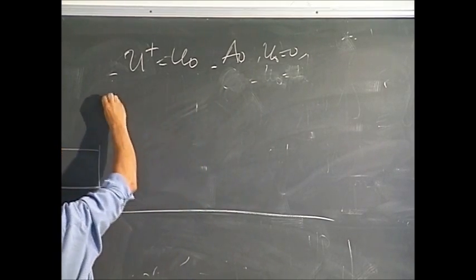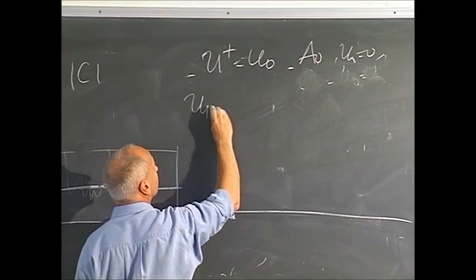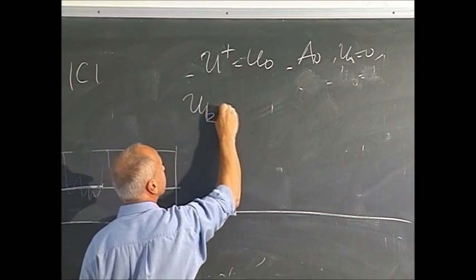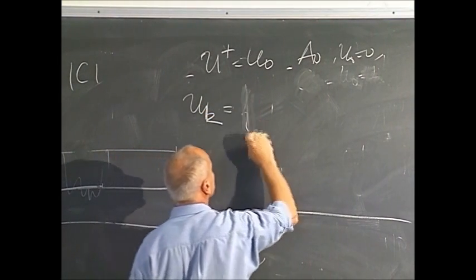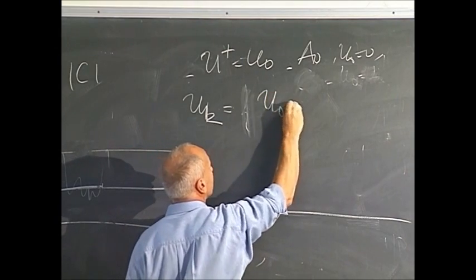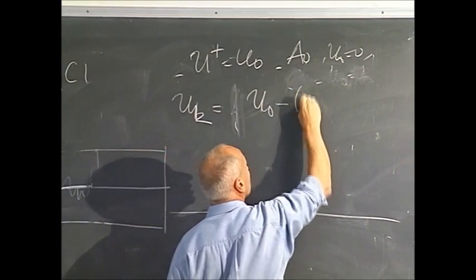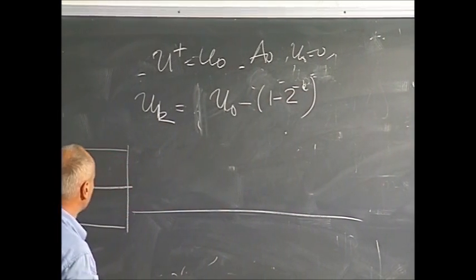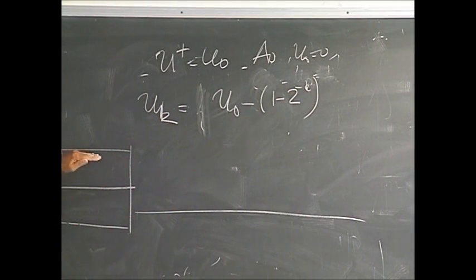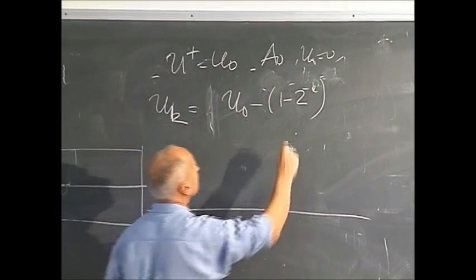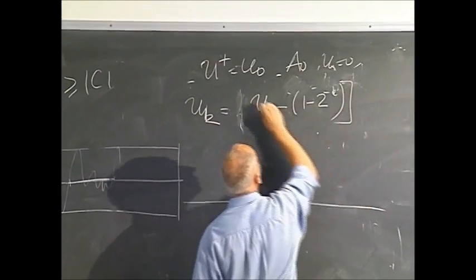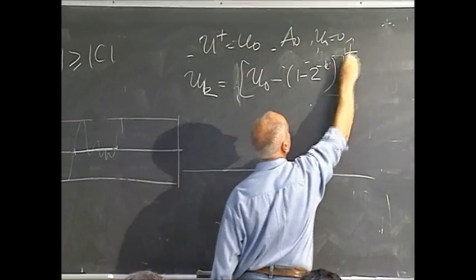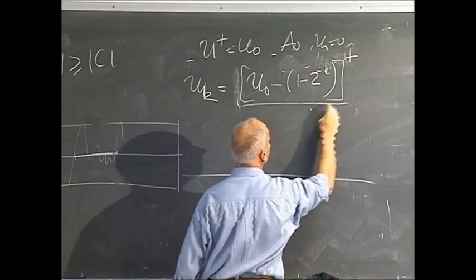So now I look at U1. I'm going to look at UK. In fact, UK is going to be U0 minus 1 minus 2 to the minus k, so I'm going to cut diagonally like this, plus, over 2 to the minus k.